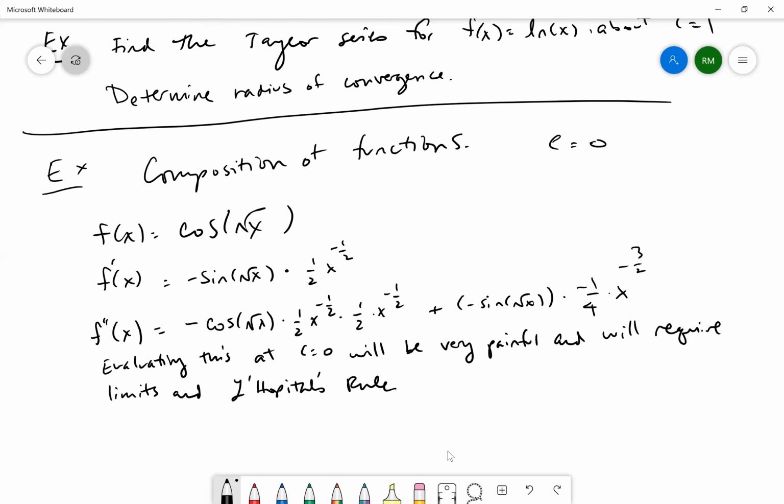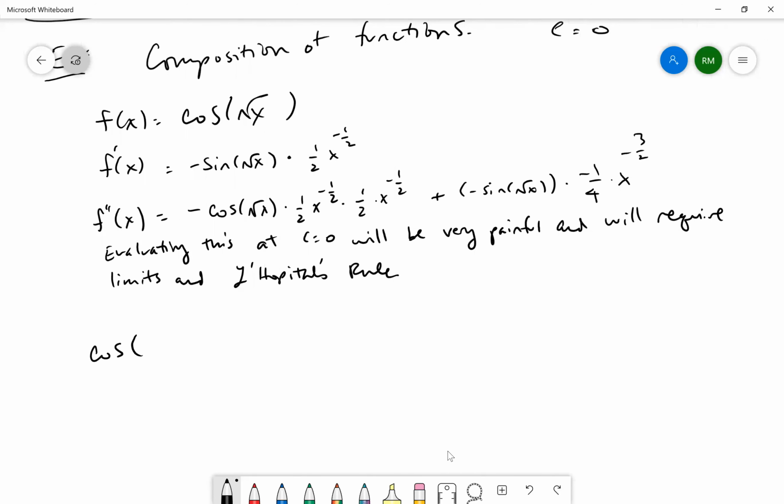Well, we know that the cosine of a value, let's say z, is the sum from n equals 0 to infinity of -1 to the n, z to the 2n over 2n factorial.